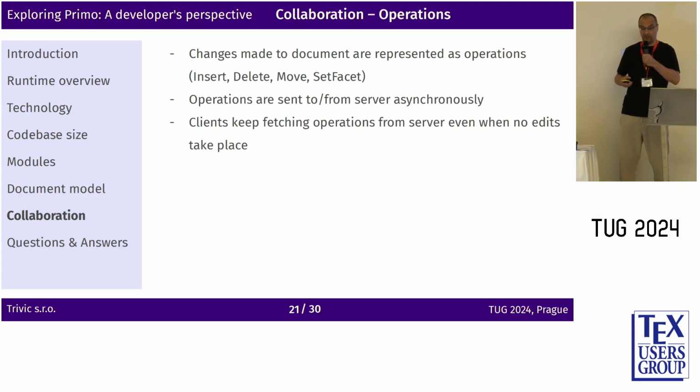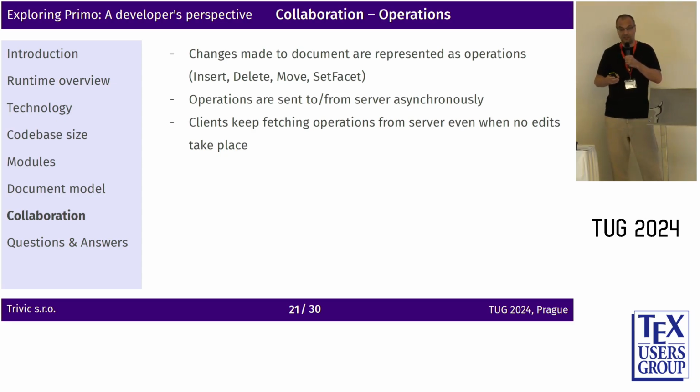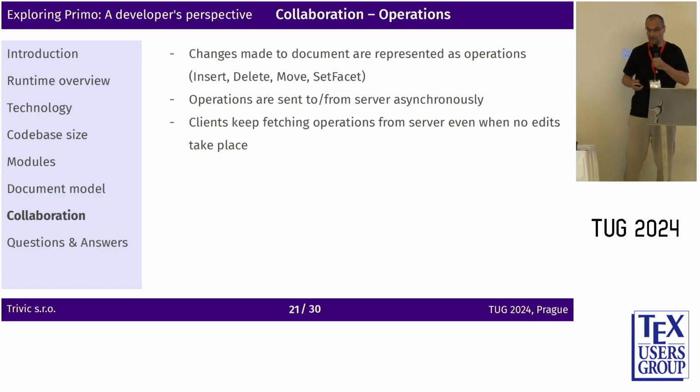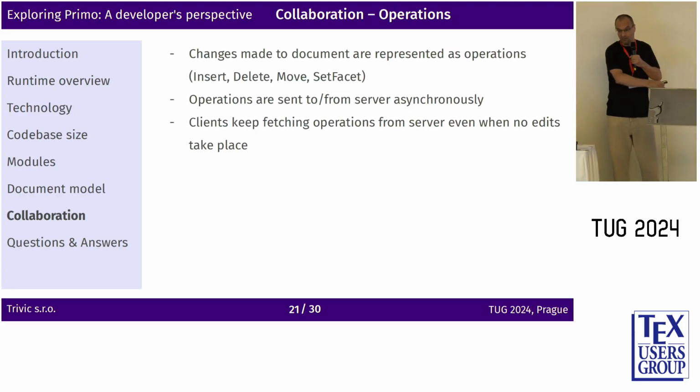You can imagine the operations as small data classes which we send to and from the server, and we do this asynchronously so that it does not interfere with the user editing the document. And even when the user is not doing any changes, the client fetches the operations from the server from other collaborators.